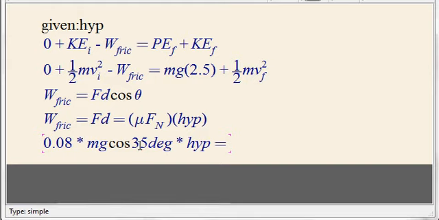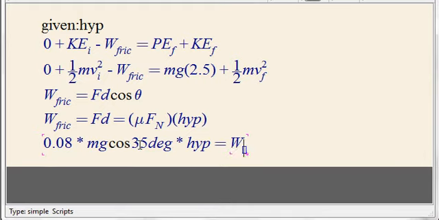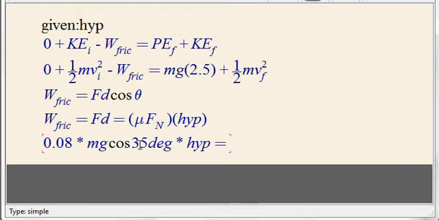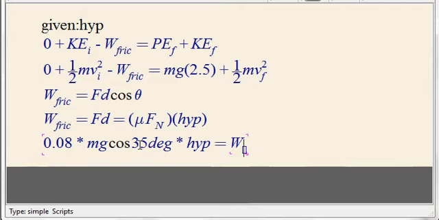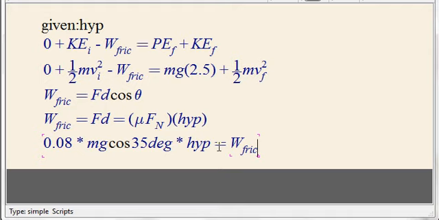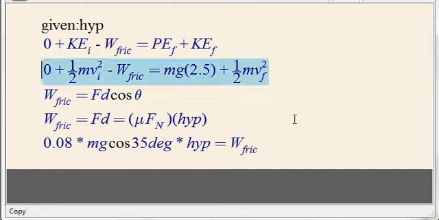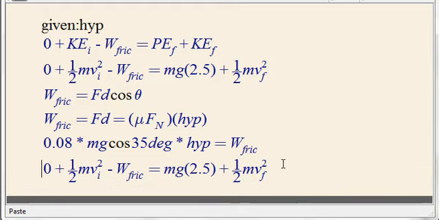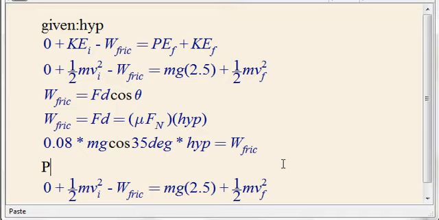That's always the angle that you use when you're finding Fn. So that gives you the work due to friction. You plug that work due to friction into the formula that you had before. And you can find Vf. That's a medium to hard difficulty problem, I would say.